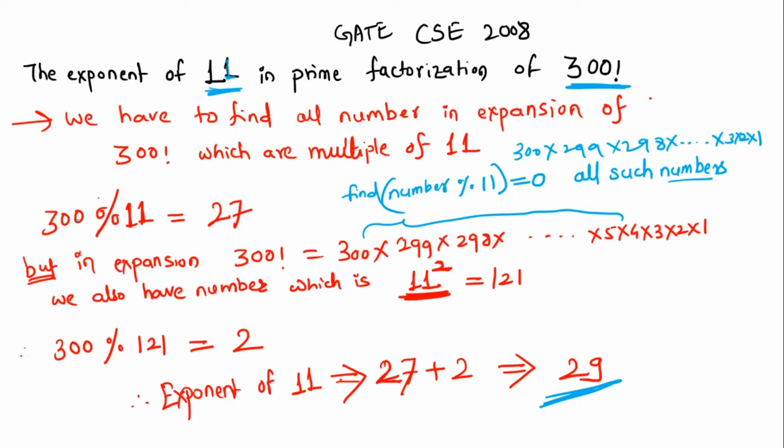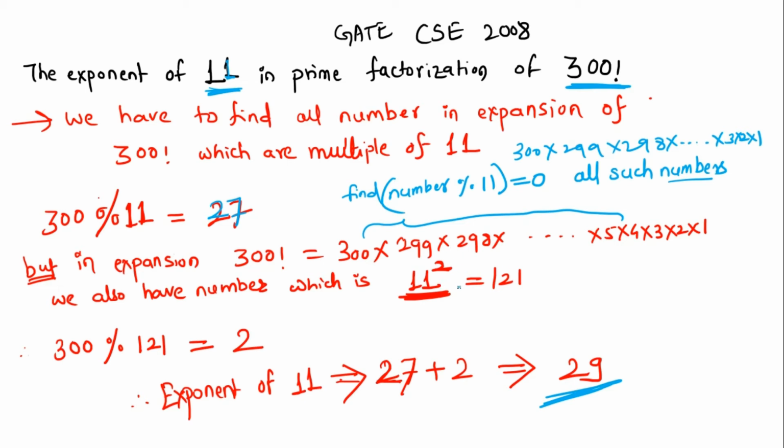So 300 divided by 11 gives 27. So 27 numbers are directly divisible by 11. Now among these numbers there are some which are divisible by 11 square.